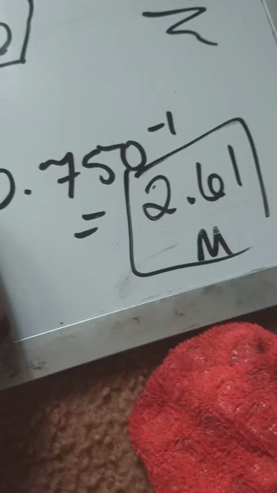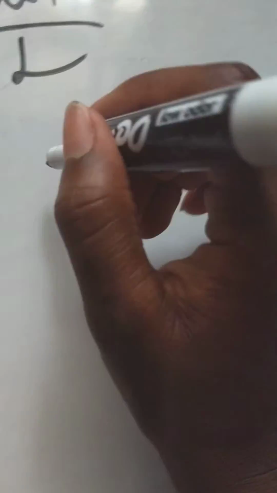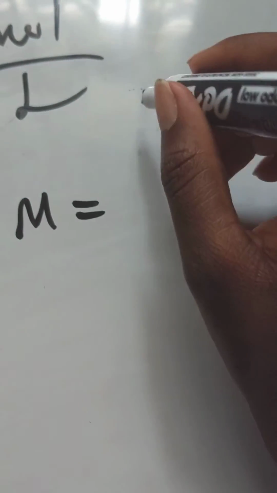Okay. Now, you can check this. We know that molarity equals moles over liters. So we merely plug in our 2.61 molarity, and we can just leave one of these blank.